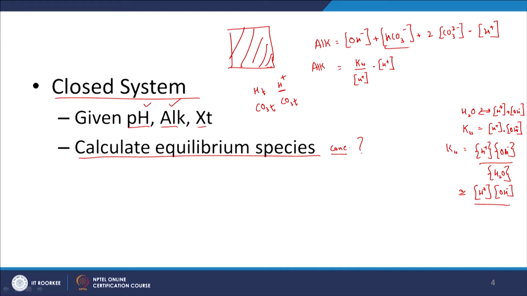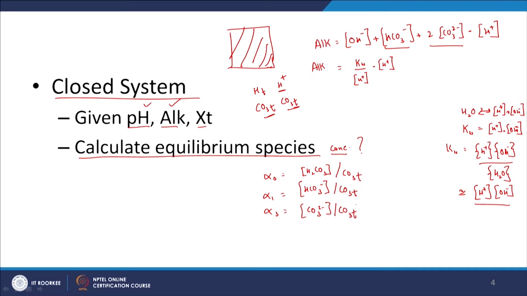And how can I express HCO3 minus and 2 CO3 2 minus in terms of CO3 total now? As we know, we looked at the ionization fractions. So alpha naught is nothing but the H2CO3 concentration by CO3 total, and similarly the first and second ionization fractions in this case are HCO3 minus by CO3 total and CO3 2 minus by CO3 total, right.